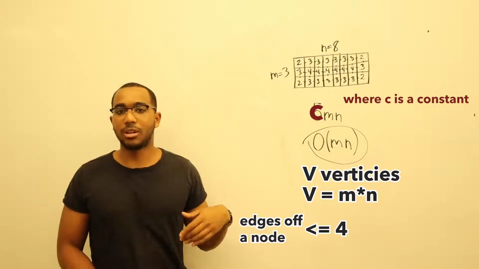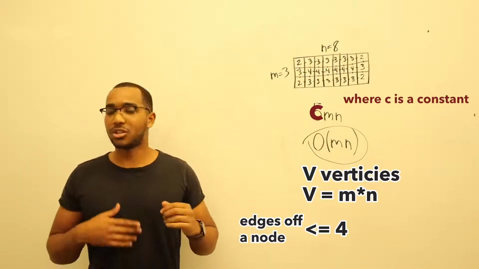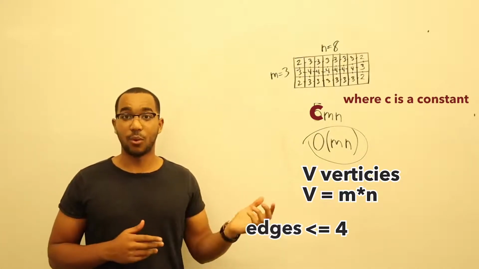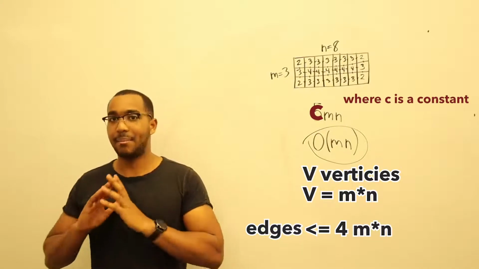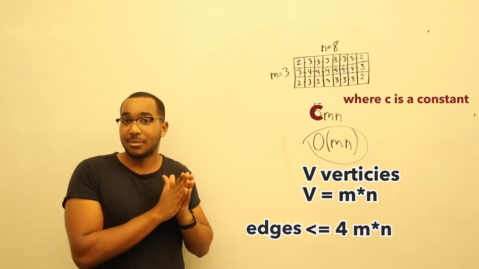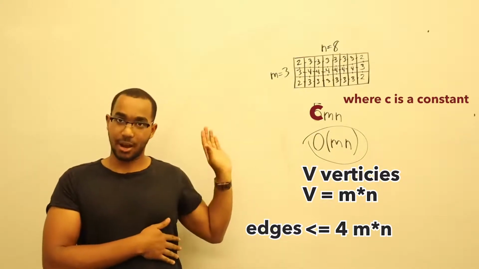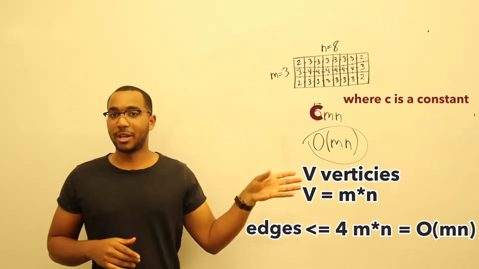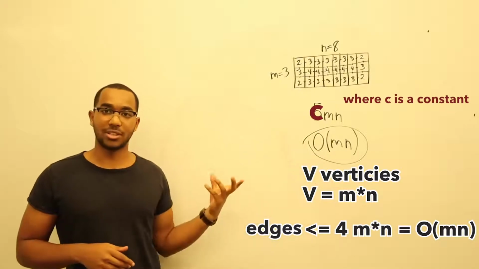But the thing is, we want a worst case bounding just so we can find the asymptotic nature. We found that the edges would be 4 times m times n at maximum because we have m times n rows of 4 edges coming off of m times n vertices. And ultimately, those are for loop iterations plus visiting the actual vertex.